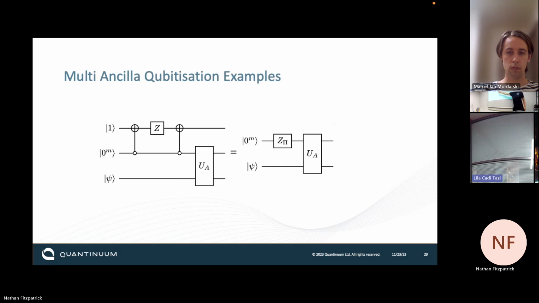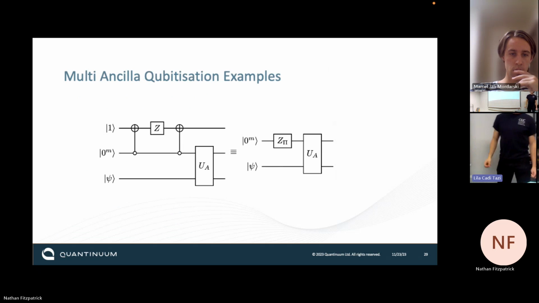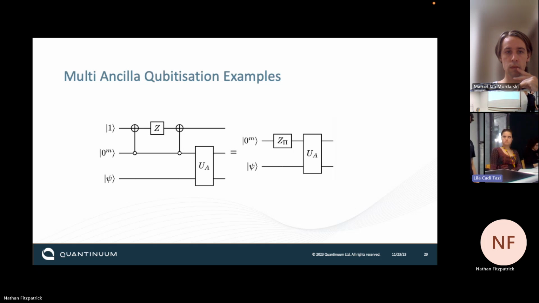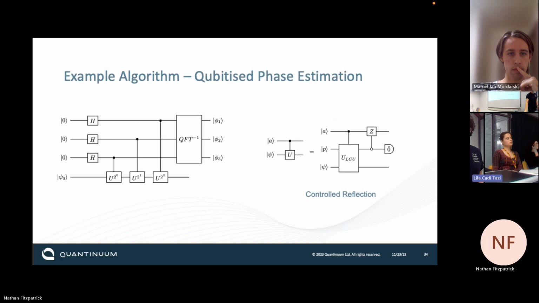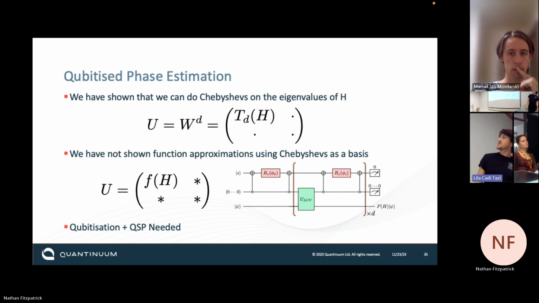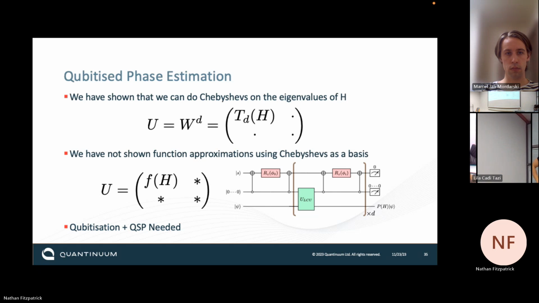You got this Qubitisation, but instead of just being a Z, you've got now a phase Z. You can do that because those qubit spaces are still invariant under that phase Z. Exactly, yeah. It's just acting on the qubits, and in this case it's very explicit because it's only acting on the qubit that defines the Qubitisation.